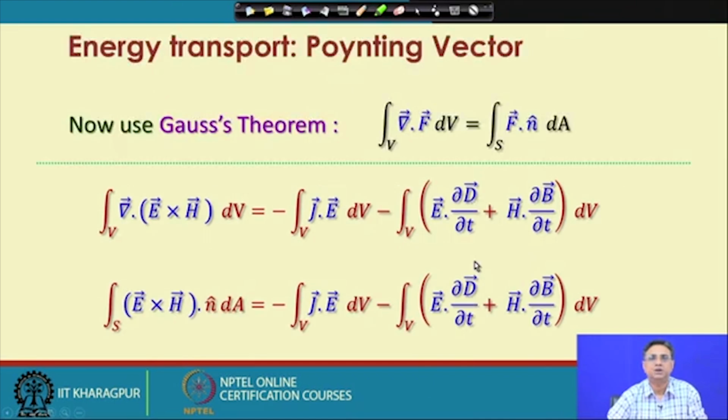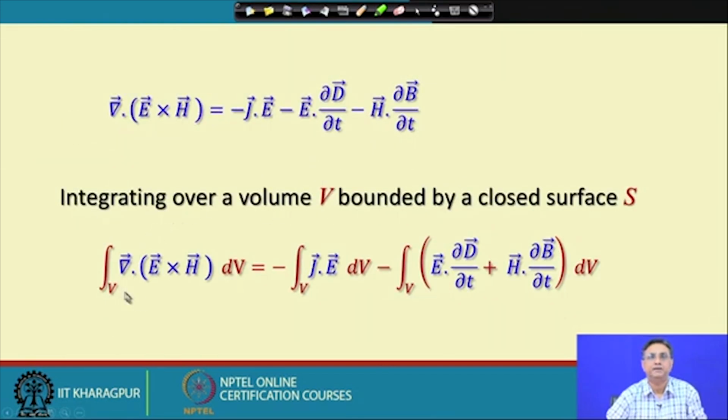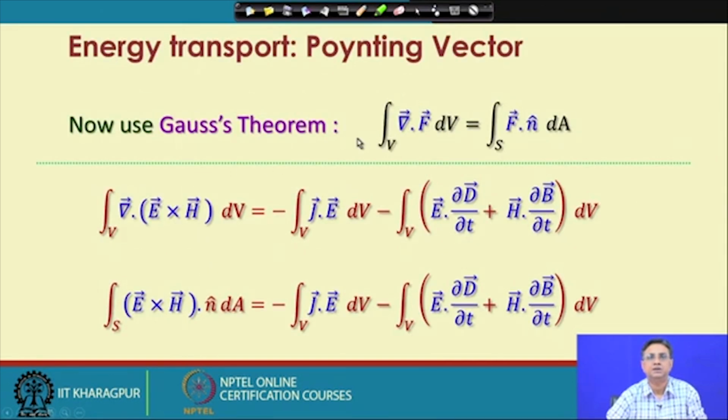Now, look at these two terms. We will use Gauss's theorem to see what is meant by this quantity del dot E cross H. So, Gauss's theorem states that it relates the volume integral to a surface integral for a vector field F. The divergence of this vector field over a certain volume is equal to the closed surface integral of the vector field.